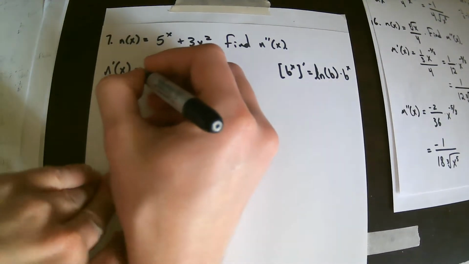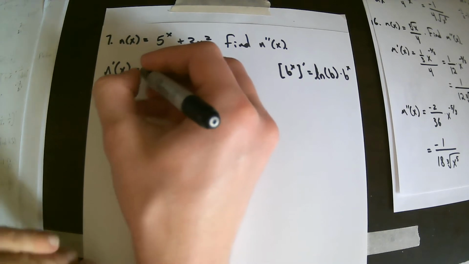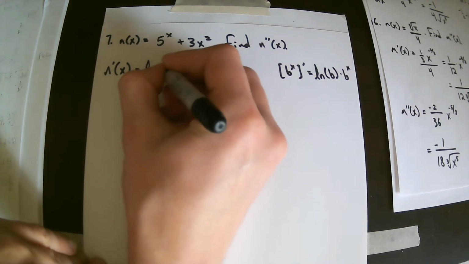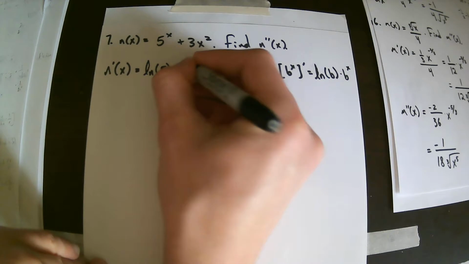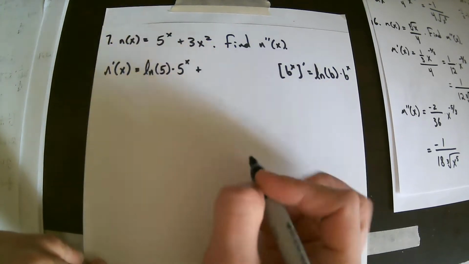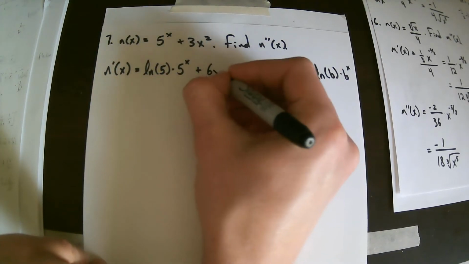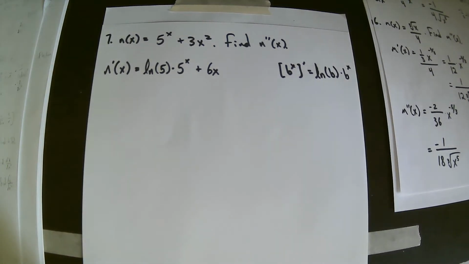So we have ln of 5 times 5 to the x, and then plus the derivative of this polynomial, but that's easy, it's just 6x.